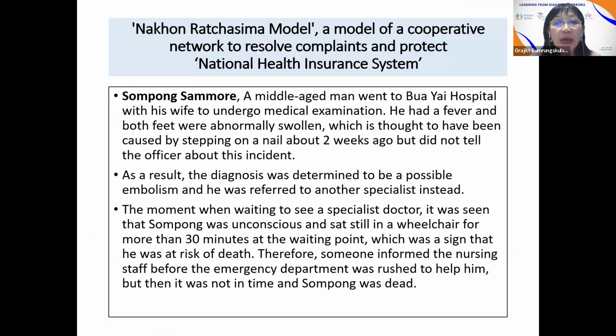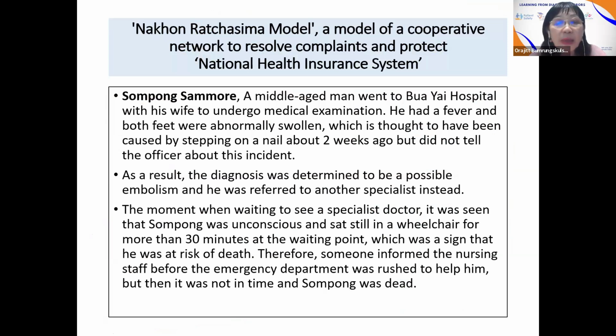So, coming to the case, we call this the Nakhon Ratchasima model. Nakhon Ratchasima is quite a big province in the northeast of Thailand. Maybe you have heard about it before. The Nakhon Ratchasima model is a model of a cooperative network to resolve complaints and protect the national health security insurance system.